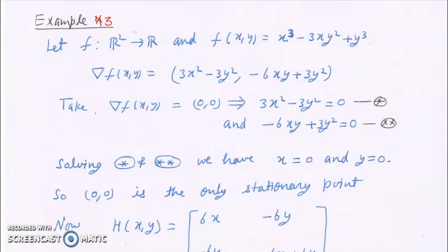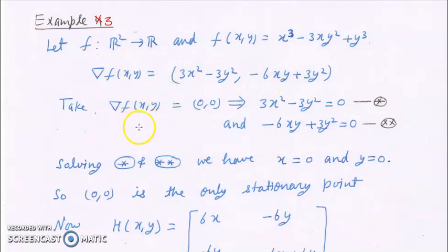Now example number 3. Suppose f is a function from R2 to R and f of xy is given by x cube minus 3xy square plus y cube, and the gradient of f at a point xy is given by 3x square minus 3y square comma minus 6xy plus 3y square.